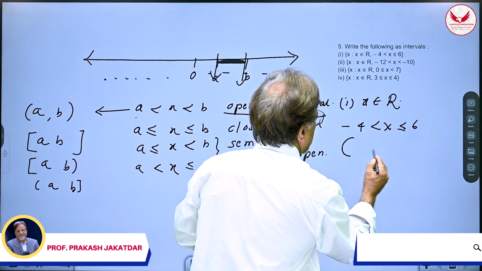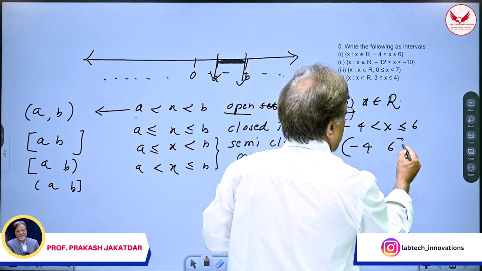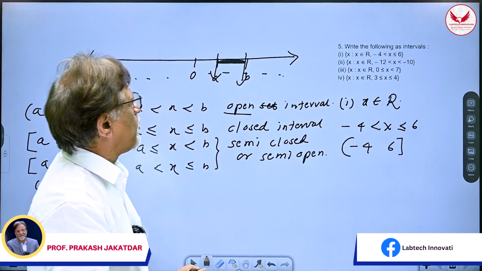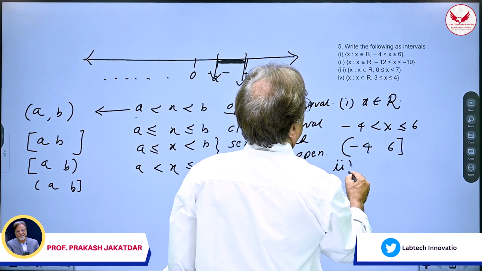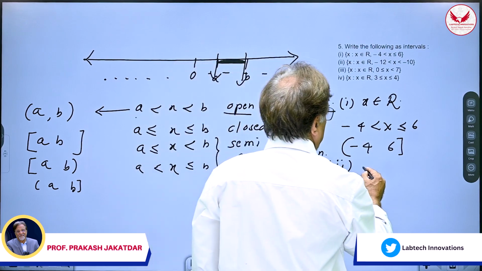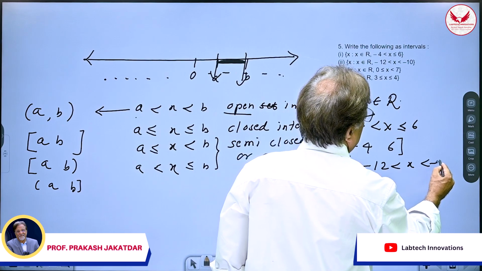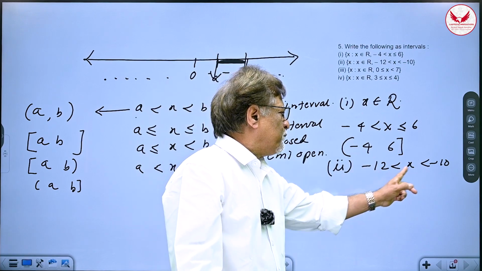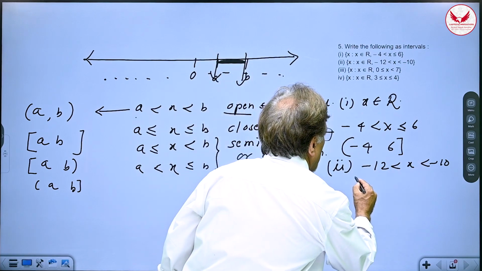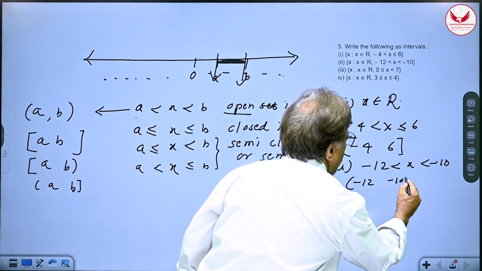So here the set will be open and here the set will be closed. So this is a semi-closed interval. Now look at the second statement. Second statement again contains all real numbers such that minus 12 is less than x is less than minus 10. Remember, there is no equality sign here. That means both the ends are not included. So it's an open interval from minus 12 to minus 10.